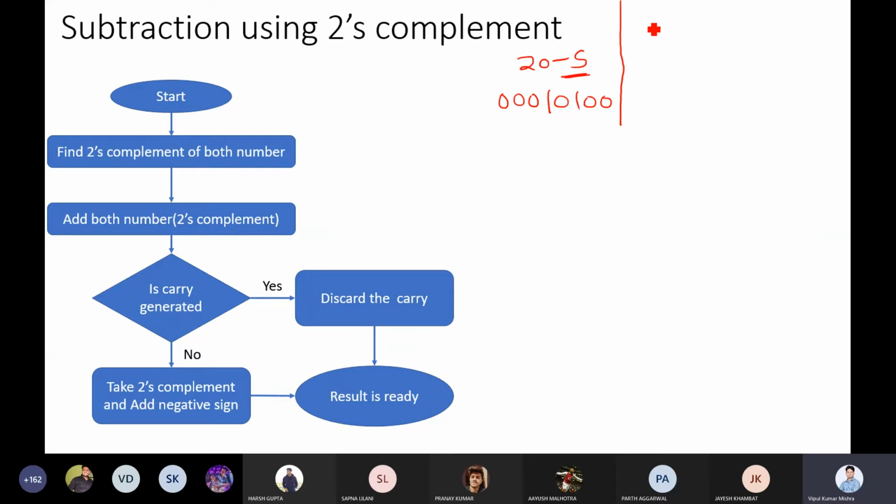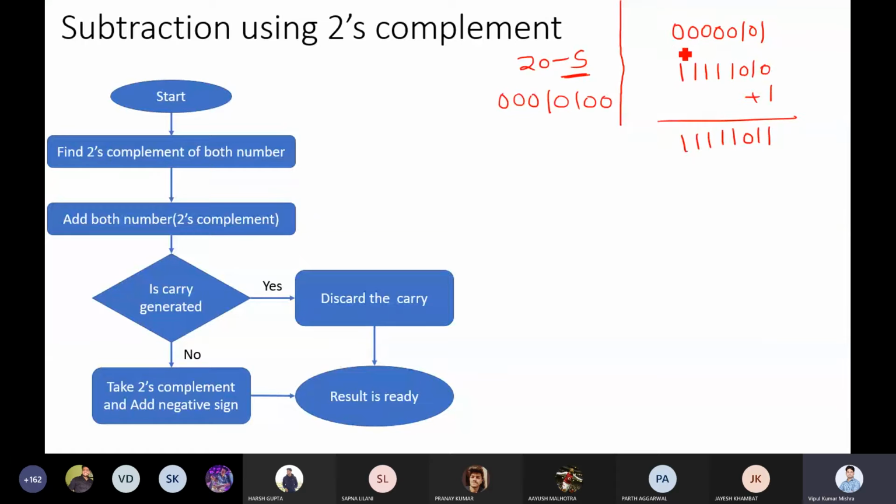So suppose you have the number 5, how will it be represented? 0 0 0, 5 times, 0 1 0 1. First let's take the traditional method. So first you take 1 1 1 1 0 1 0, and then you add 1, so you will get 1 1 1 1 1 0 1 1, right?